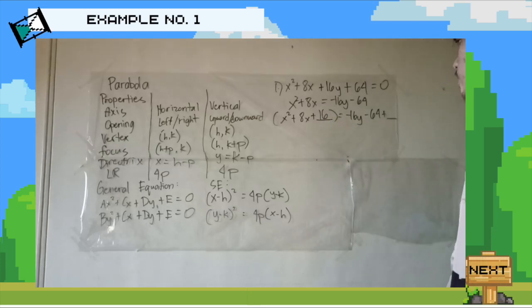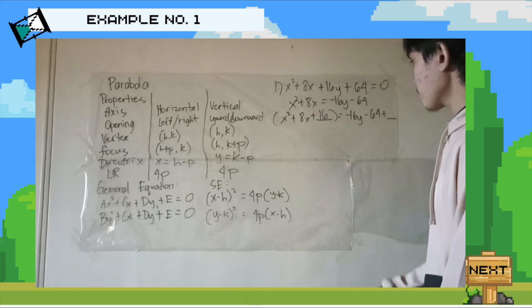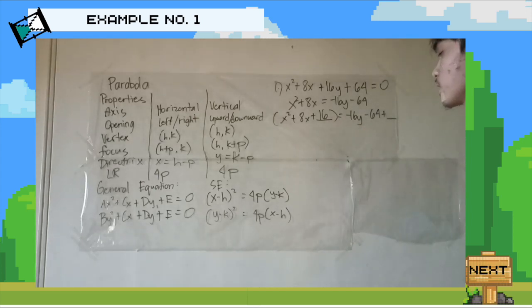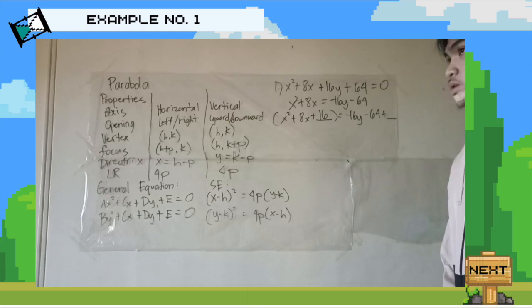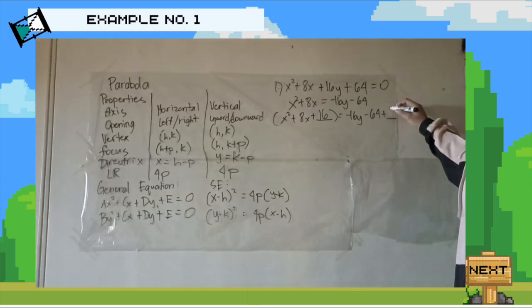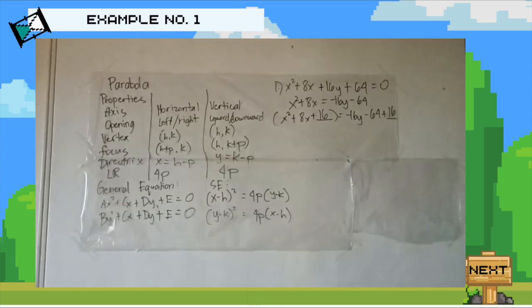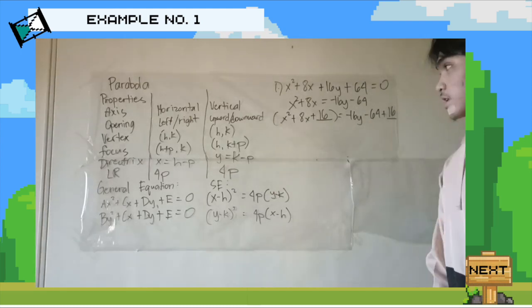Whatever result we get from this middle term is what we are going to add on the left hand side. So x squared plus 8x plus 16 is equal to negative 16y minus 64 plus 16.